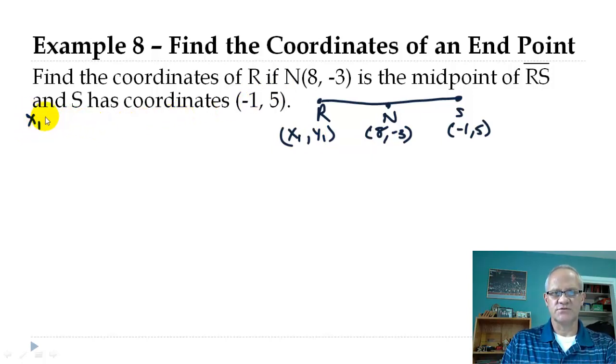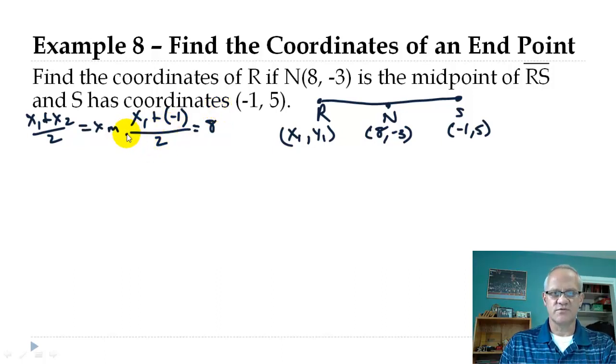So remember, X plus X divided by 2 has to equal the middle X. Okay, so X1 we don't know, plus the second X, negative 1. Again, you could just write it as minus 1. That would have to equal 8.